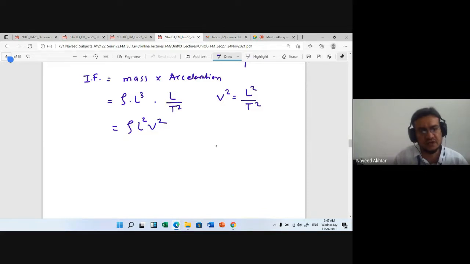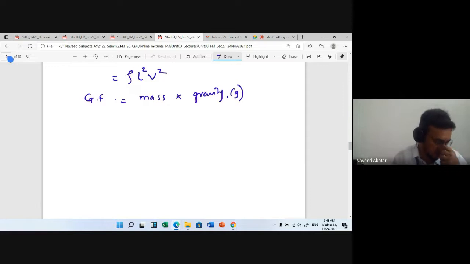Now the gravitational force GF is equal to mass into gravity. G is the gravitational acceleration.